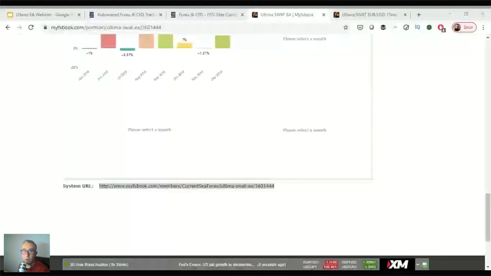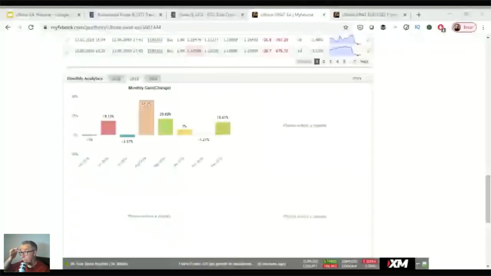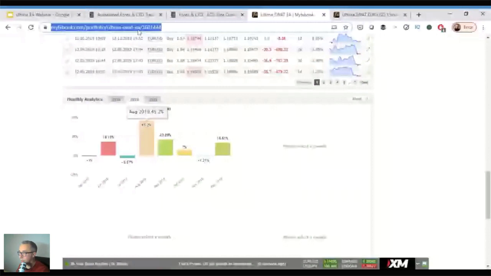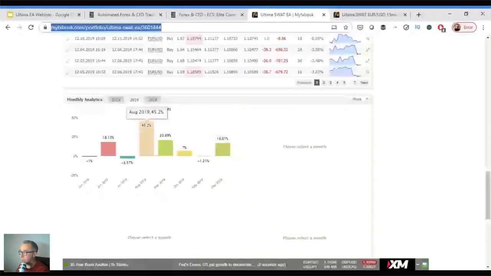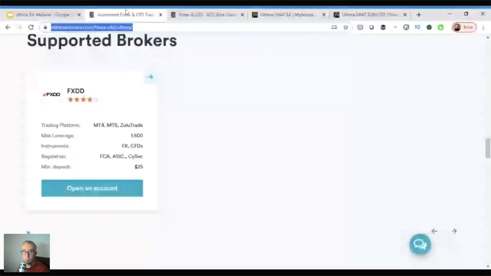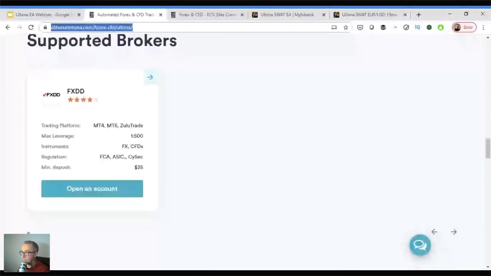For those that are looking at the recording, you can see here the link of the live trading. That is the MyFXBook link. And once you connect the account or open an account through the link we have on the Ultima page here, then you will be connected to that master account automatically.